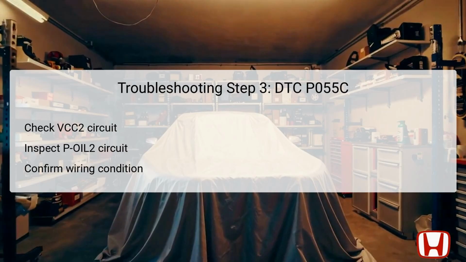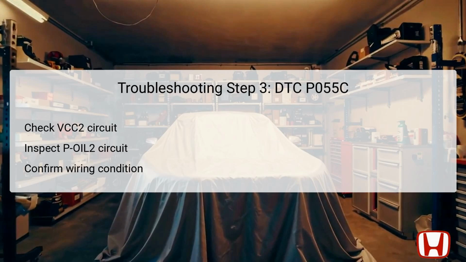The VCC2 circuit should be checked for continuity and proper voltage levels to ensure that the sensor is receiving adequate power. Any open circuits or defective wiring can lead to voltage irregularities, thus causing the DTC. Similarly, the P-oil2 circuit must also be verified to confirm that it is not shorted to the ground.